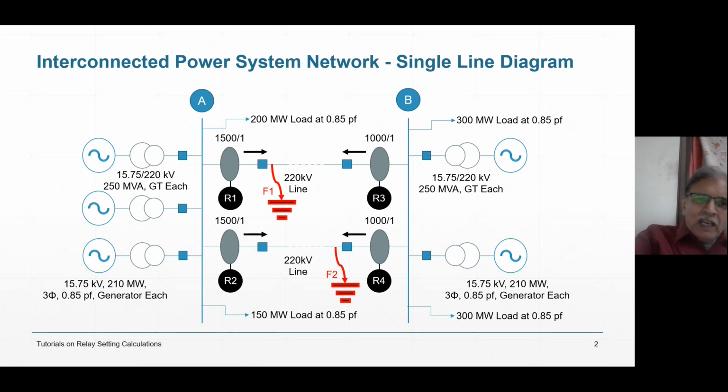So to explain the network, I've got only two buses and two lines. Very simple, right? On one side, I've got three generators, 15.75 kV, 210 megawatt, connected to 250 MVA GTs. On the other side, on bus B, my friends, I've got generators with 250 MVA GTs and the same 15.75 kV, 210 megawatt, but two generators.